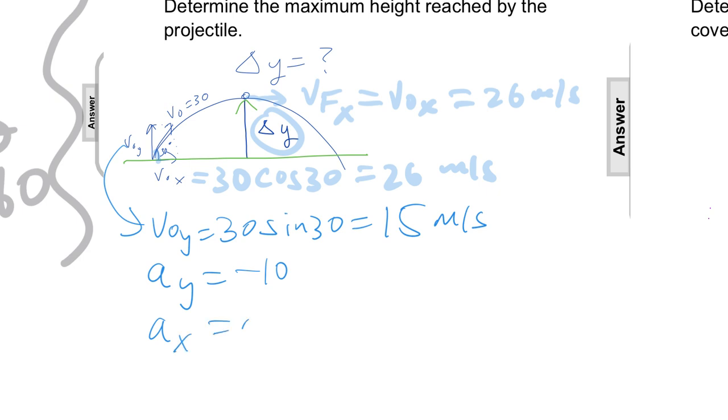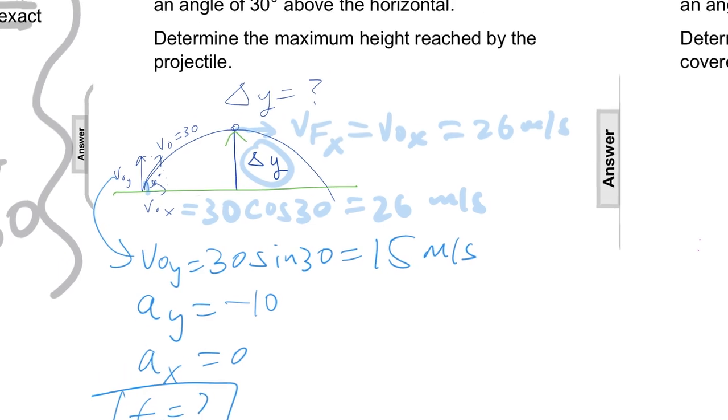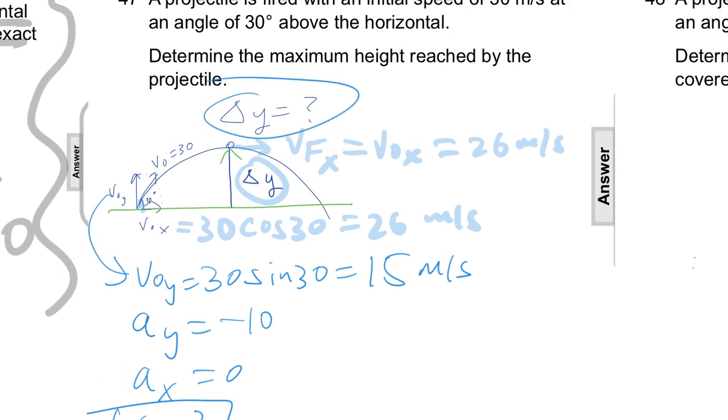AX is 0. My primary objective is to find delta y.